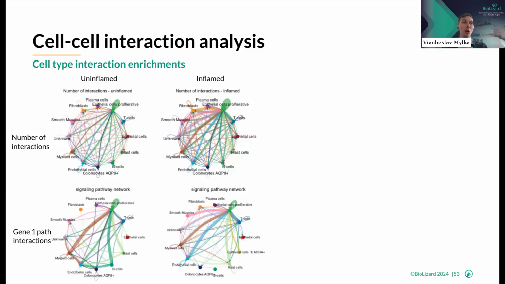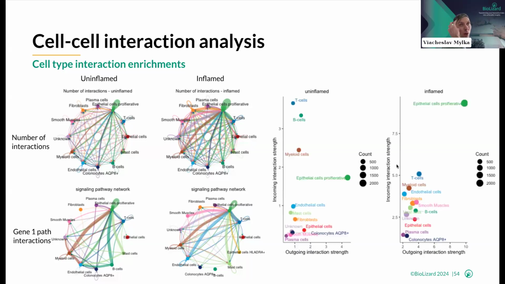Because we know which ligand and receptor pairs belong to each pathway, so we can select those and check which cell types communicate those ligand molecules, for example. And we can also do this for spatial niches instead of cell types. So that's, as I already said, a powerful tool to answer biological questions.